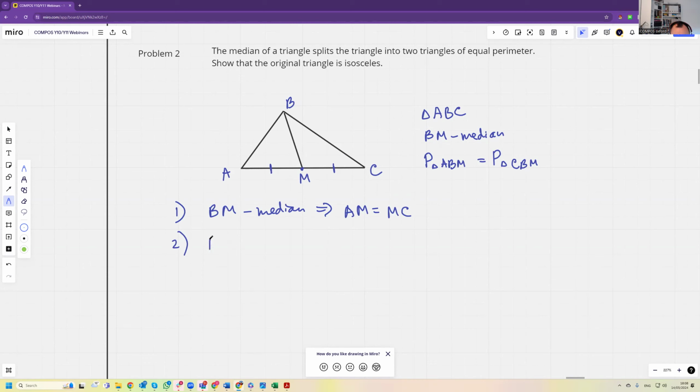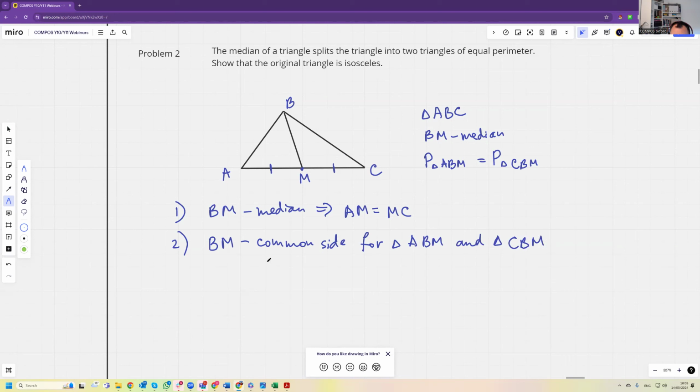BM is the common side for triangles ABM and triangle CBM.